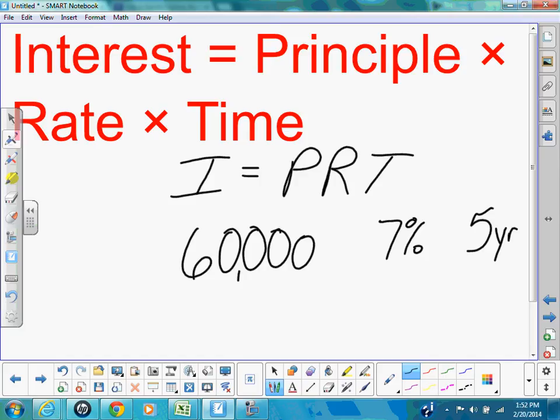Now, we got to figure out how much interest Larry's going to end up paying over those 5 years, so then we can find out how much he has to pay the entirety of the loan, okay? So, on your calculators, do 60 Benjamins, as Larry put it, times 7% times 5.